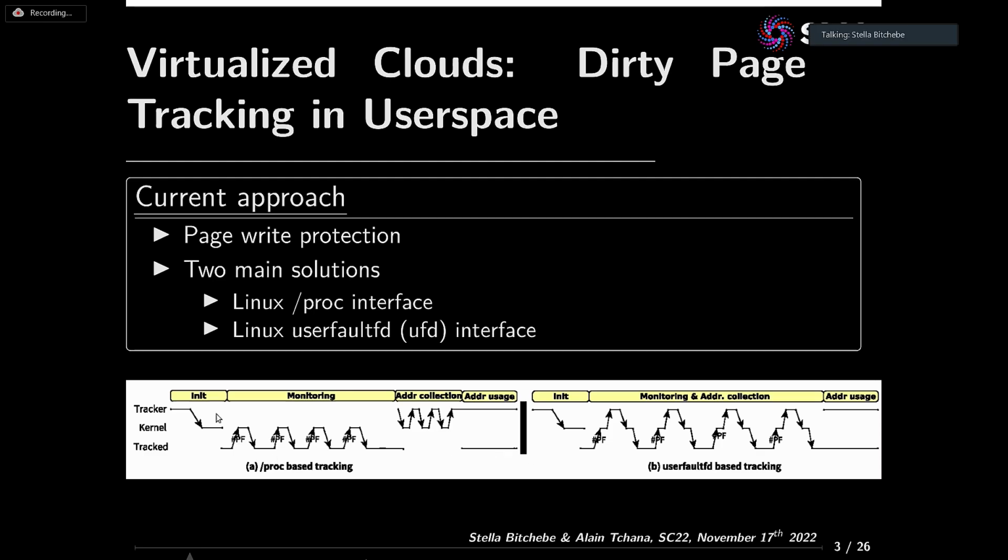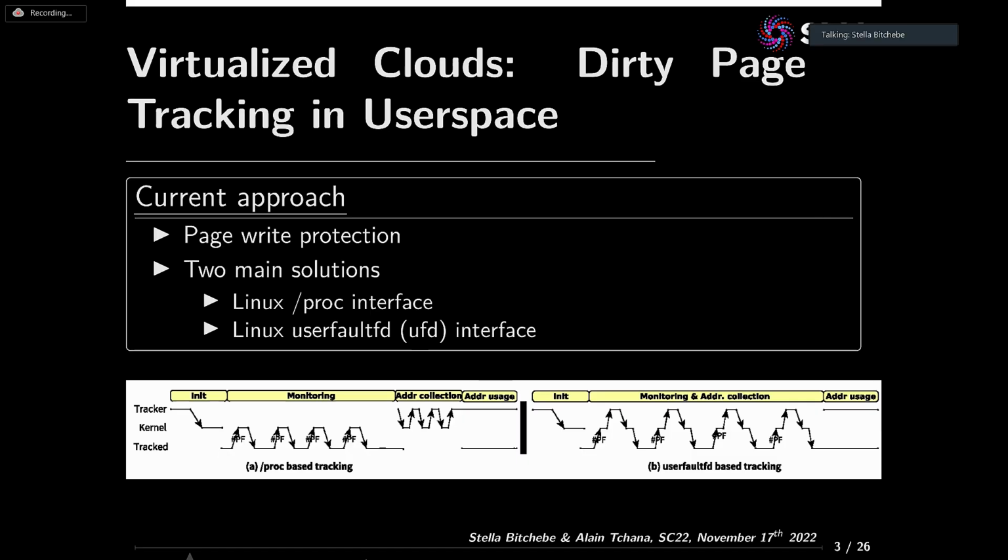We have an initialization phase during which the tracker will write protect the memory. This is setting the write bit of all the pages to 0. And during this initialization phase, we have to stop the tracked application because if it is still running, it can reset the bit to 1.